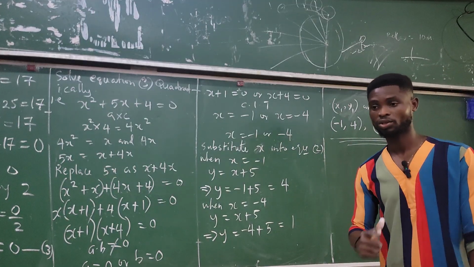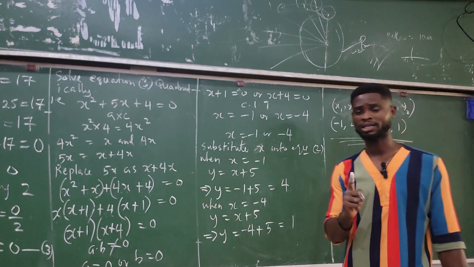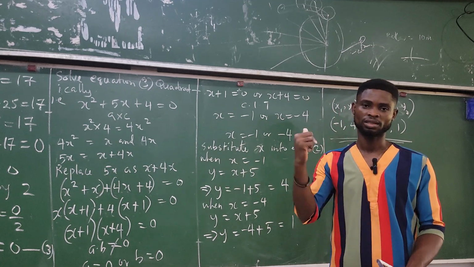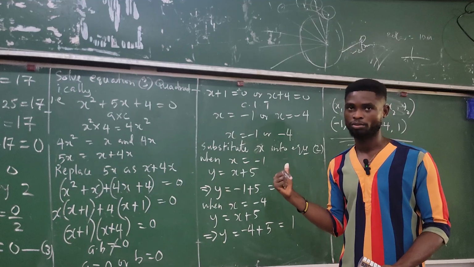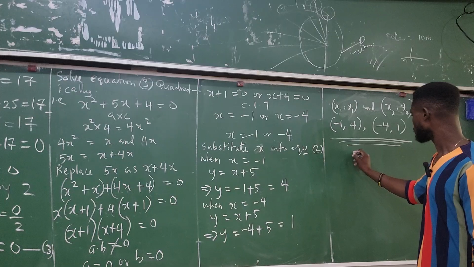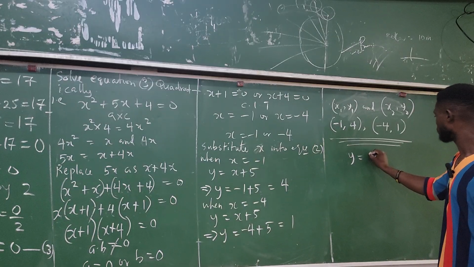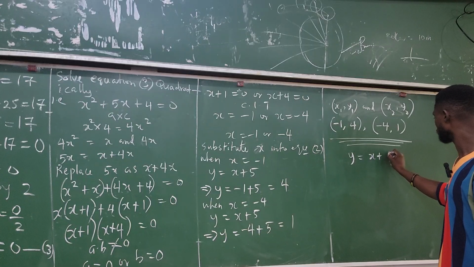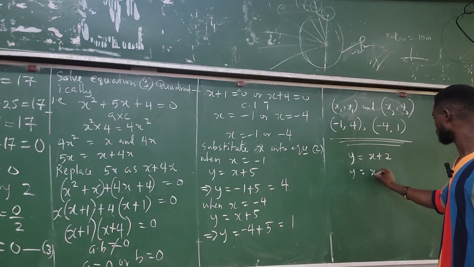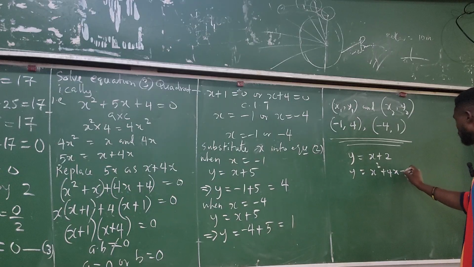I have one question I want to give to you. You solve it, give me the answer in my comment section. Solve this for me: y is equal to x plus 2, and y is equal to x squared plus 4x minus 1.